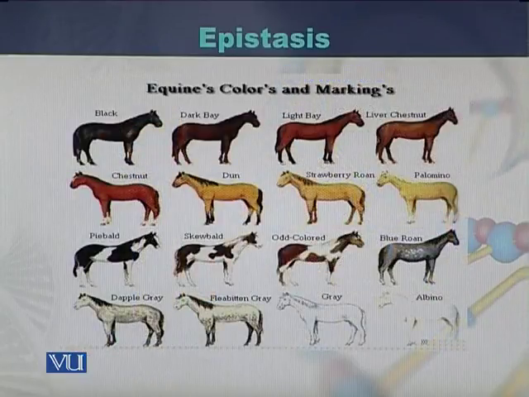Here we can see the colorations of the horses: black, dark bay, then light bay. Then there are different dun type horses, and some completely albino type horses. So all these colorations in the skin or fur of the horses are due to the epistasis phenomenon.